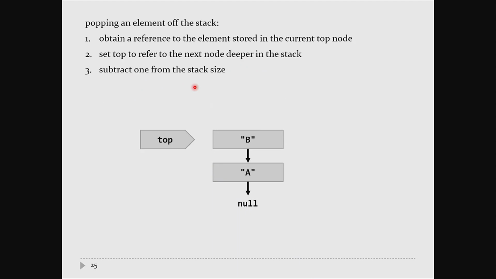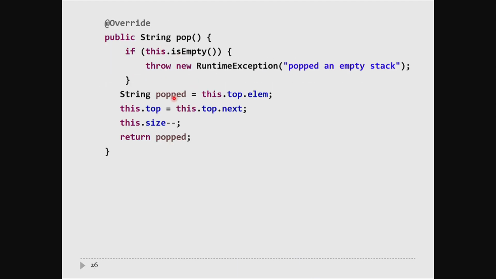To pop the stack, you remember what the top element is, because I'm going to remove that node, so I need to get the element out of the node so I can return it back to the caller. You then take the top and you move it down to the next one, so you just follow the link.